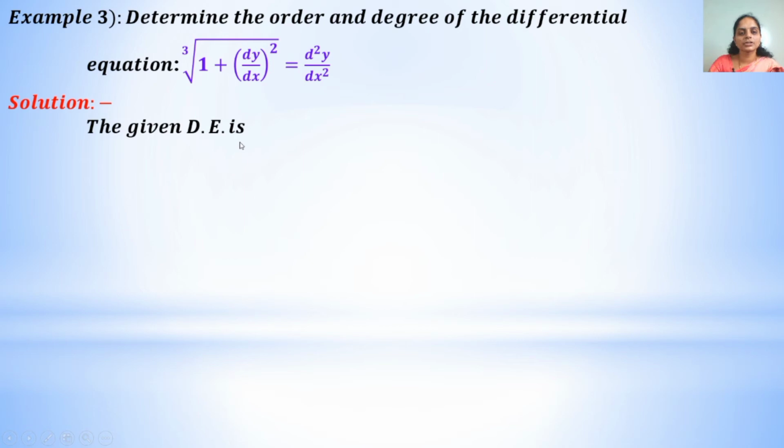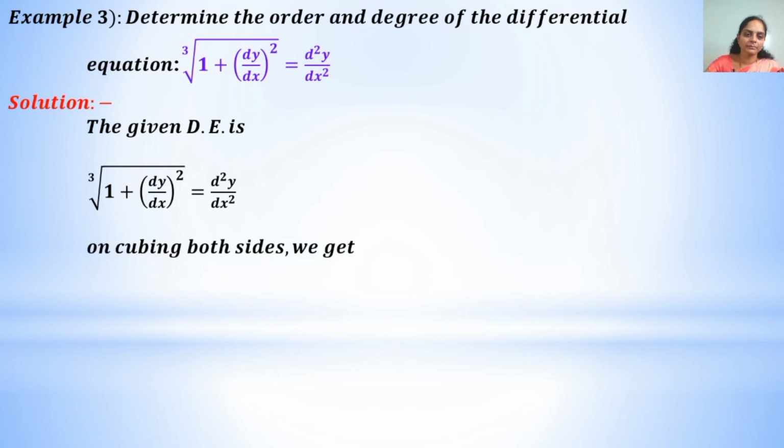We know that to find the degree of the differential equation, we have to remove the fractional indices and negative indices. In this example, there is a fractional index which is 1/3. To remove the fractional index, we take cube on both sides. So it becomes 1 + (dy/dx)² = (d²y/dx²)³.